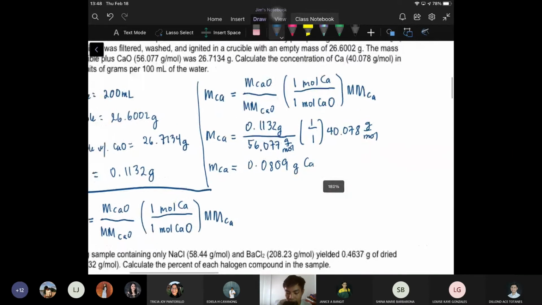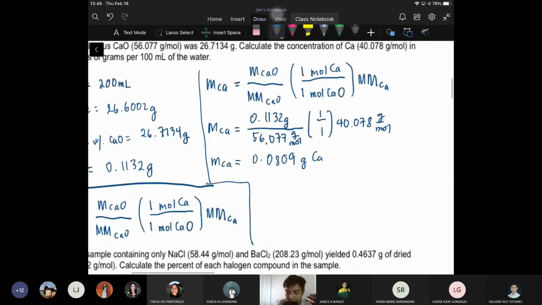Okay? So, dito na lang tayo sa side na to. So, kunin natin yung grams calcium per ml of our sample of our water. So that will be 0.0809 grams calcium divided by the volume of your sample, 200 ml. Okay.